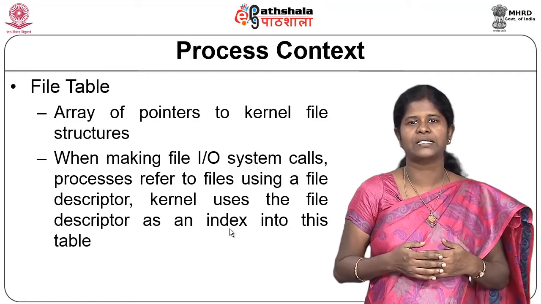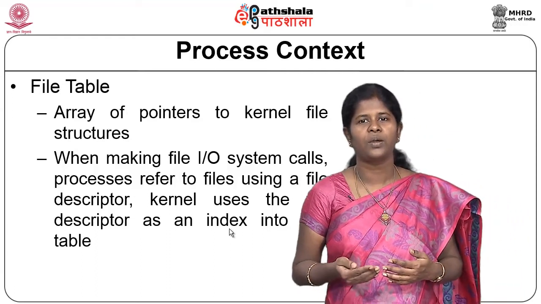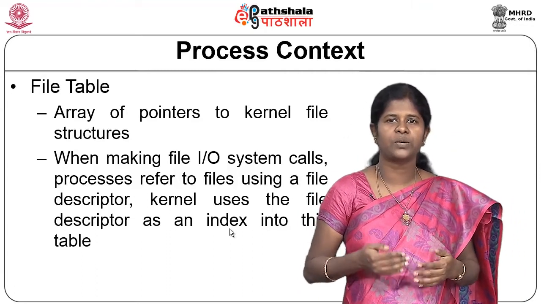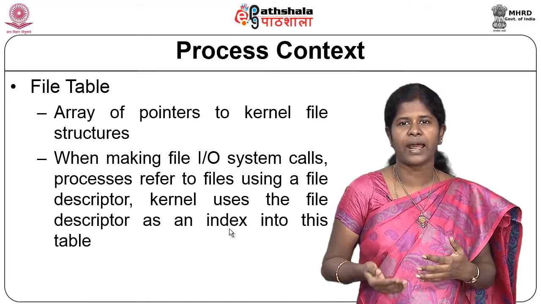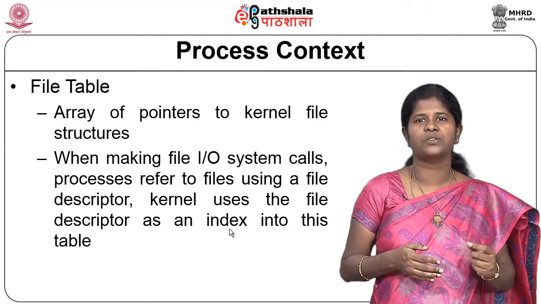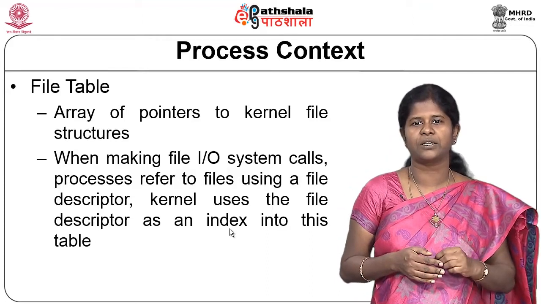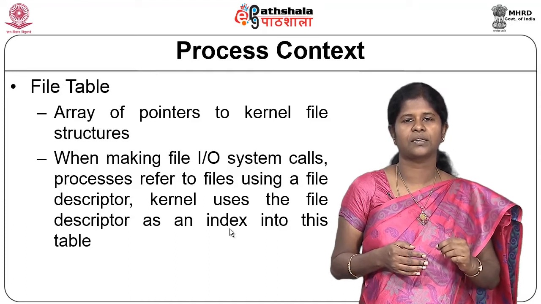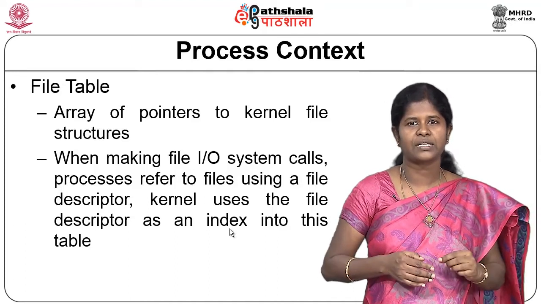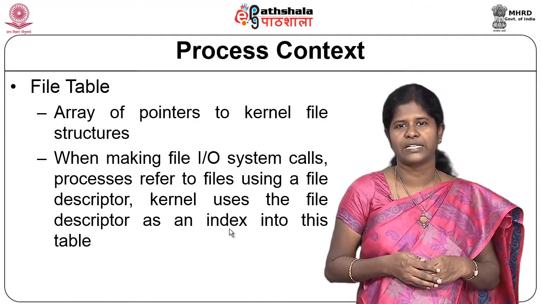This file descriptor is later used by every other system call used to read, write or close files and so on. When a file descriptor is given, it is used as an index into this particular table, which is called the file table.